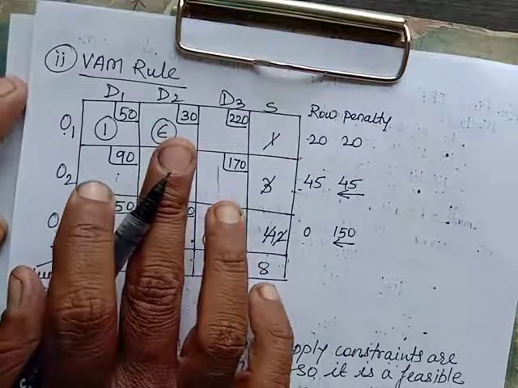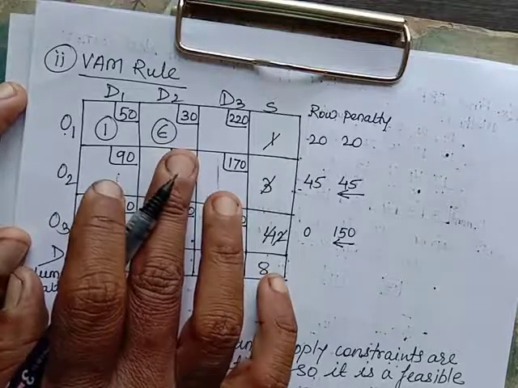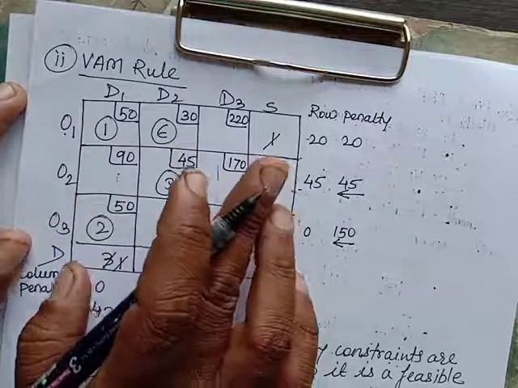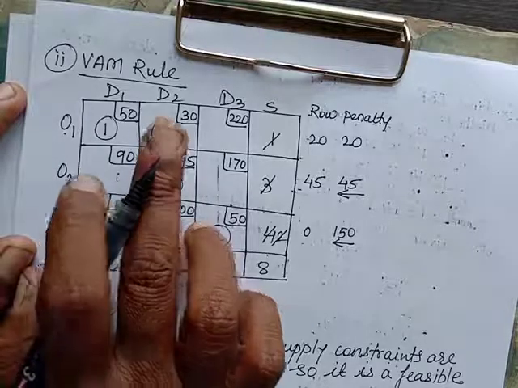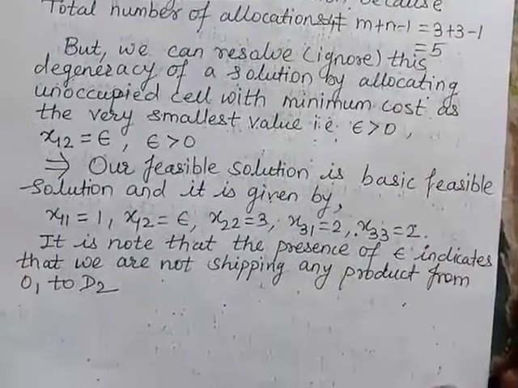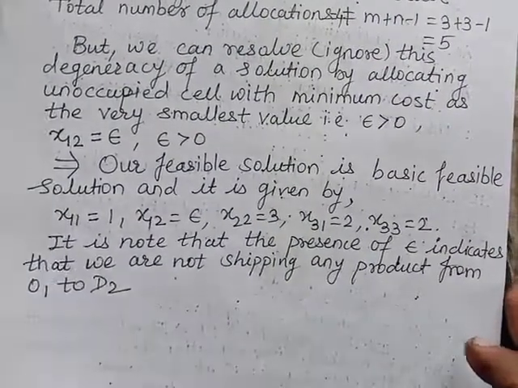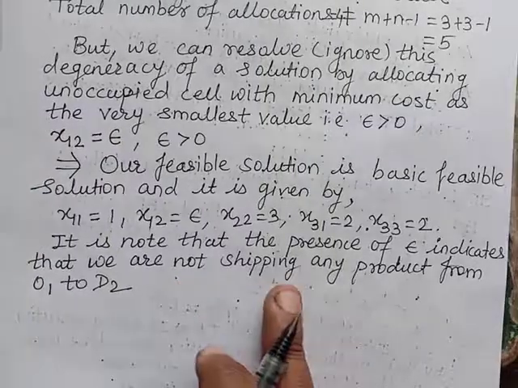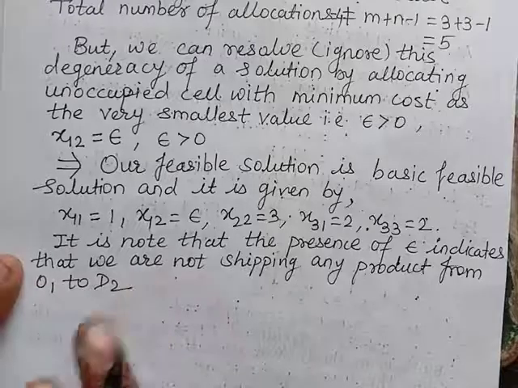We need the basic feasible or non-degenerate solution. If it is not, then we need to make it as such. That's why we are adding this small allocation here at the least cost. So that will be considered with value 0, so it will be negligible. So it doesn't mean that we are shipping something from any origin to any destination.